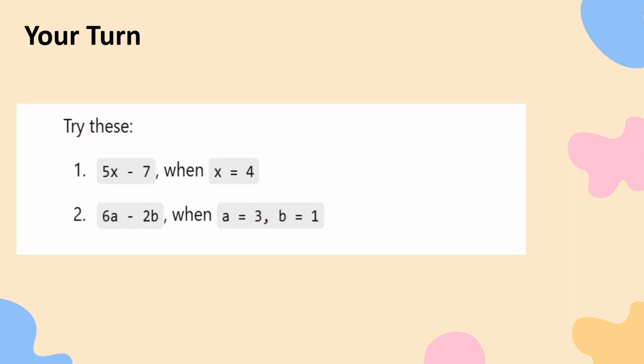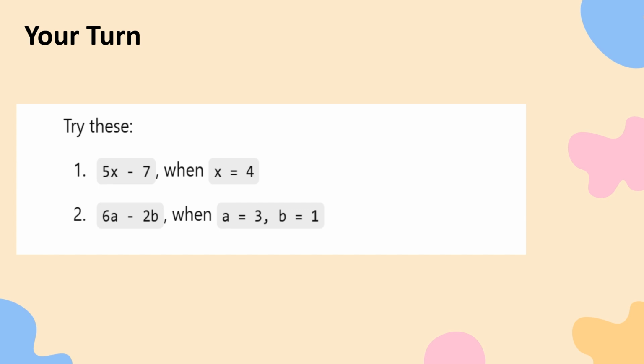This time it's your turn. I want you to try these in 1 minute. For number one, we have 5x minus 7 when x is 4.